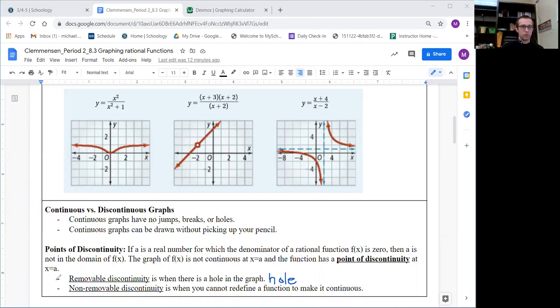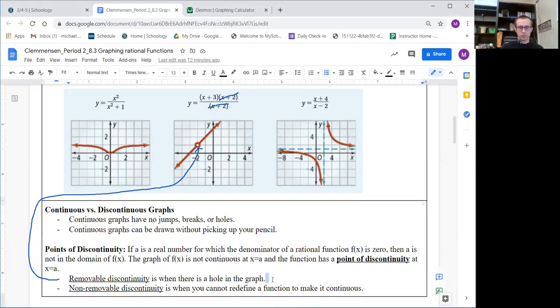An example of that right there would be all the way over here. That point right there. We can see that in the problem when that thing cancels out. So since the x plus 2's cancel out, it's going to be a removable discontinuity. All right. Let's actually type that in.